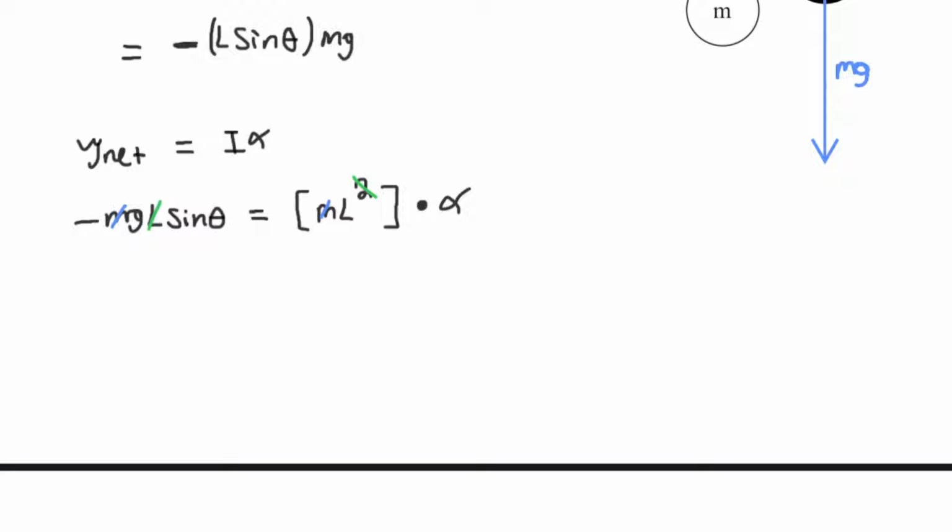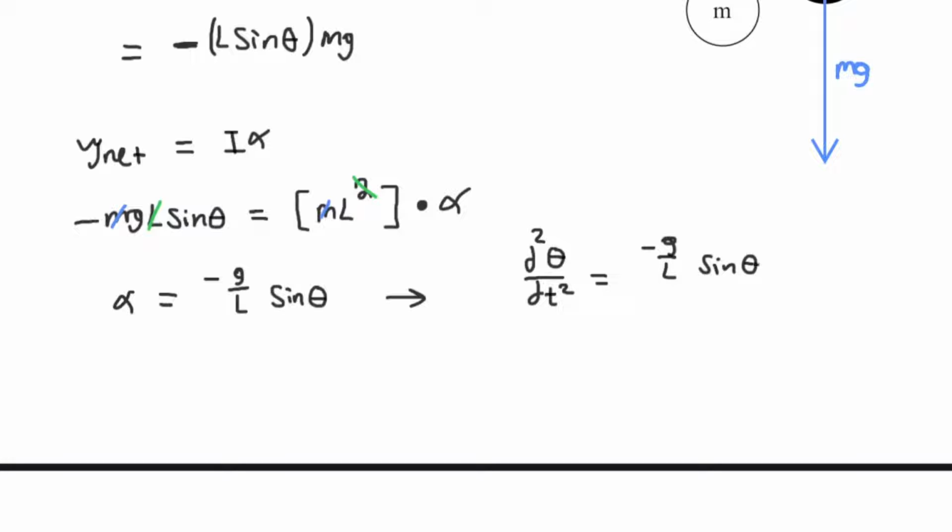And then after dividing by the other L, we get alpha is equal to negative g over L times sine theta. Writing that in differential equation form, we get d squared theta dt squared is equal to negative g over L times sine theta.